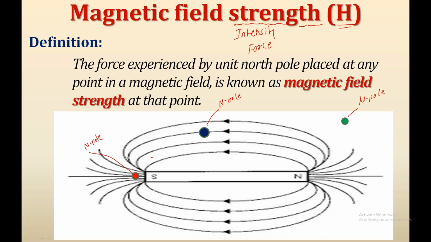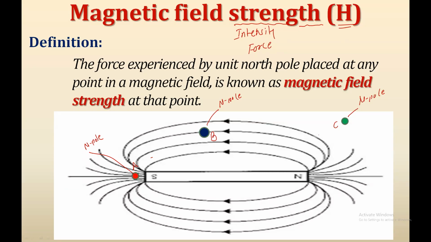Then let's label the first point A, the second point B, and the third point C. So when we place that N pole at point A, which is very close to the magnet, we say that the magnetic field strength is greater at point A. If the N pole is placed at point B, then the magnetic field strength is quite less as compared to point A. And if the N pole is placed at point C, then definitely the magnetic field strength is very, very less at point C, because it is outside the magnetic region.